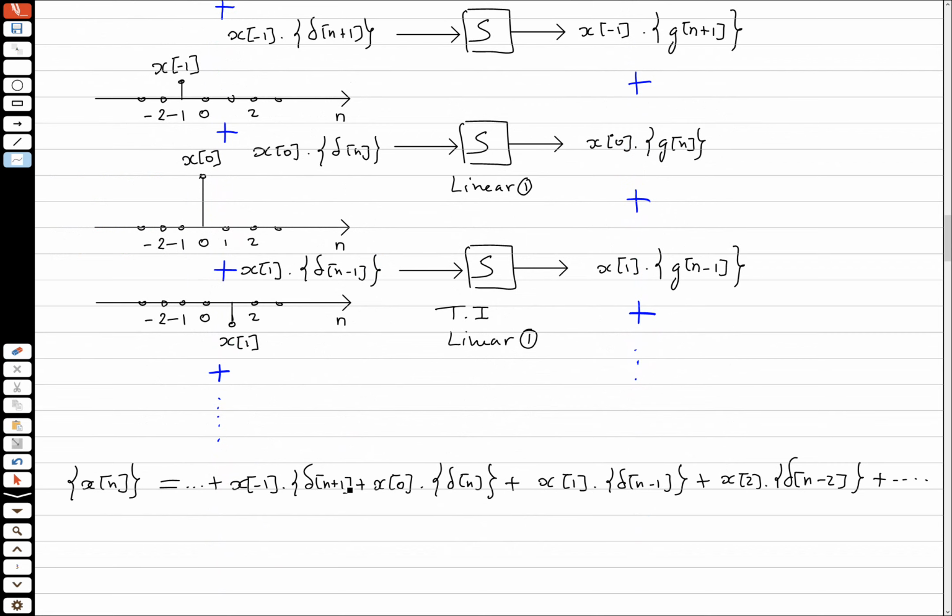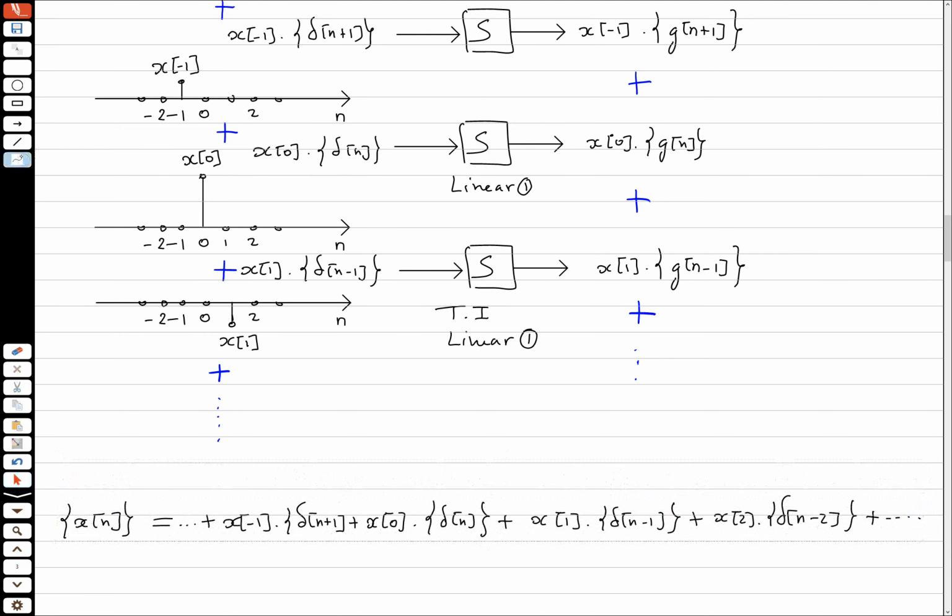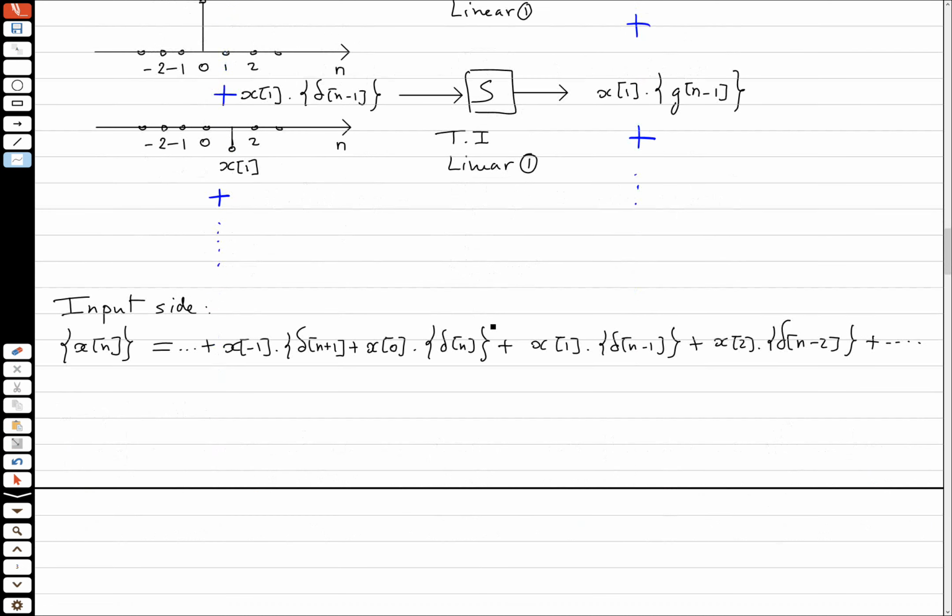This is what we found on the input side. Now at the output, I need space in fact.